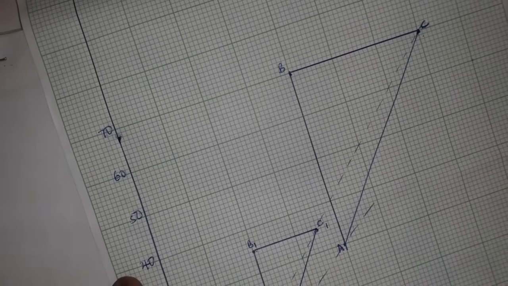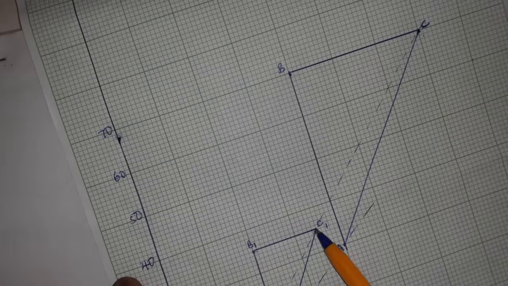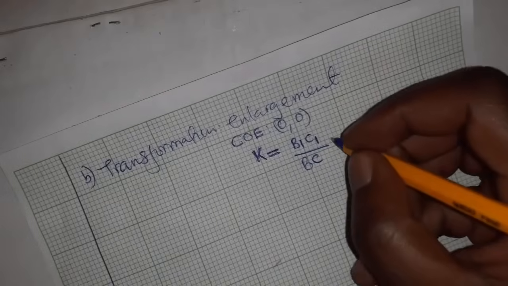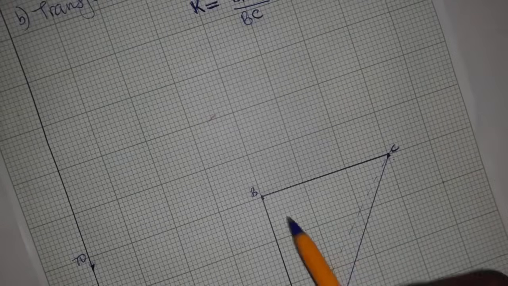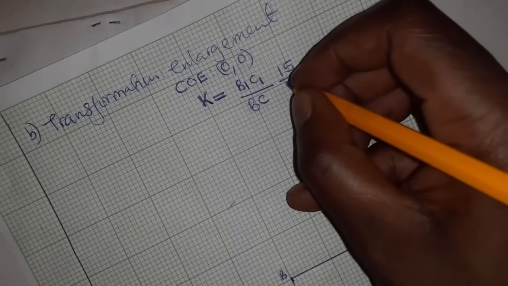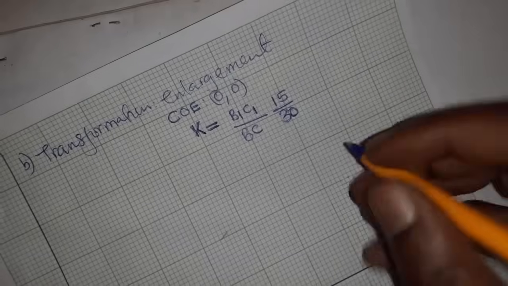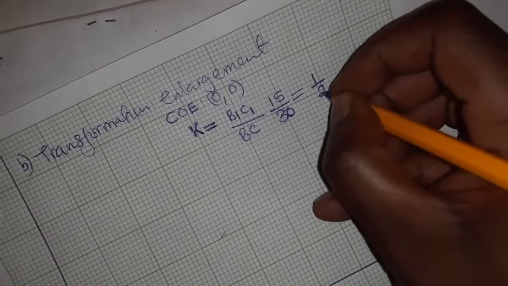If we are using the measurements that we have here, this is 10 up to this point, this is 15, and this is 10, 10, 10, so this is 30. When we simplify this one, what do you get? 1 over 2.